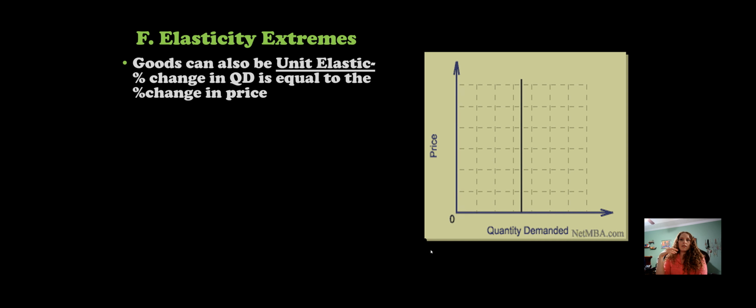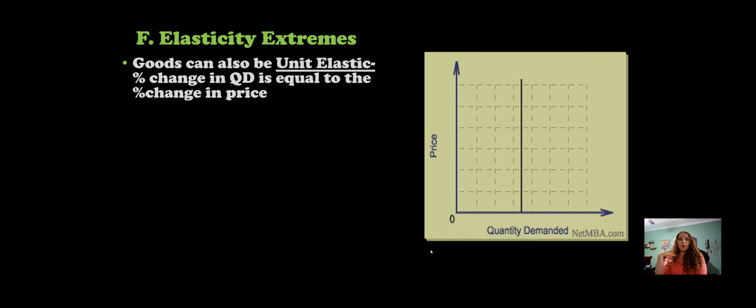Unit elastic means the percent change in quantity demanded is going to be equal to the percent change in price. In other words, for every 1% that price goes up, quantity demanded is going to fall by 1%, or by the same percent. For every percent that price decreases, quantity demanded is going to increase by that same percent.